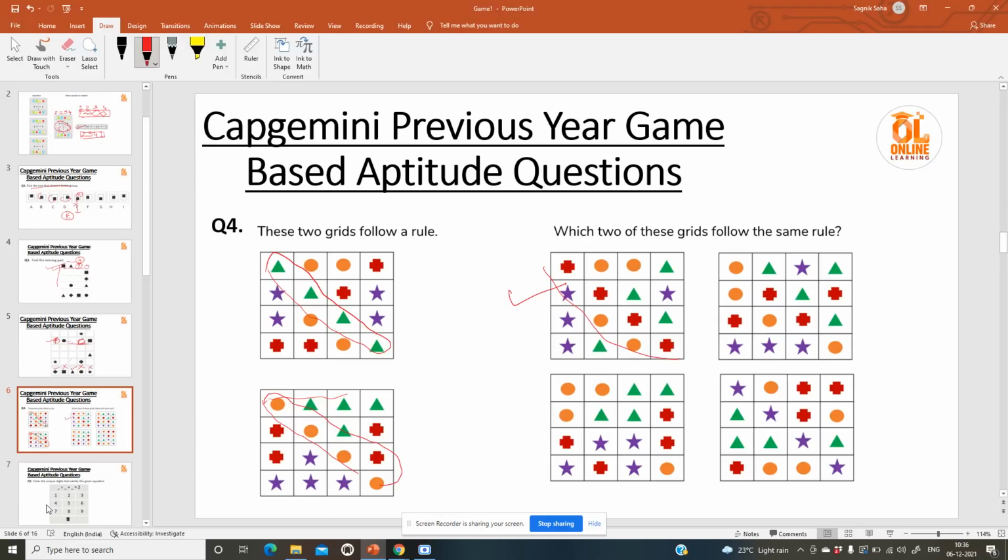All the shapes are same here, so your first answer will be this. Shapes are different here, so it will not be your answer. All the shapes are same here, so this will be your answer. And in this also the shapes are different, so your answer will be the first one and the fourth one. Now move to the next type of question.